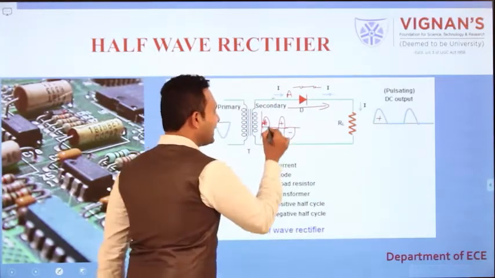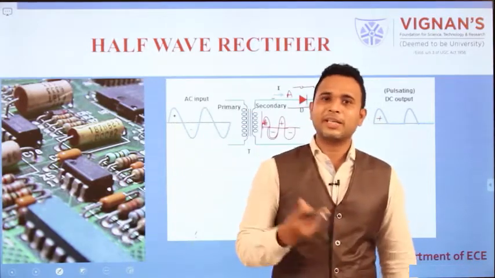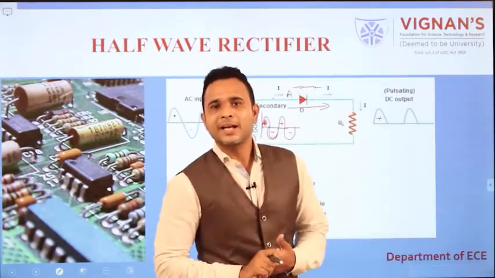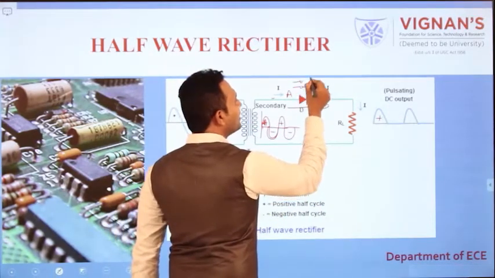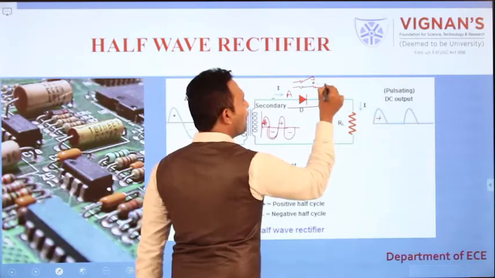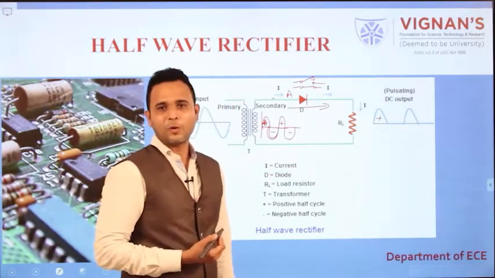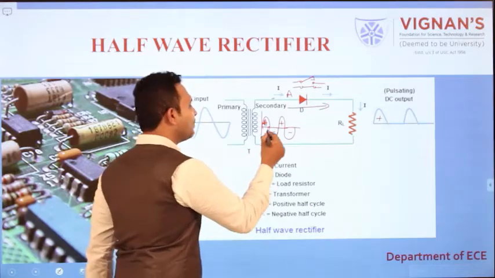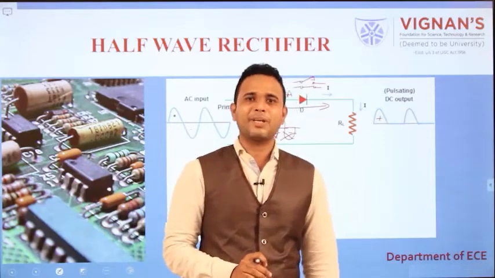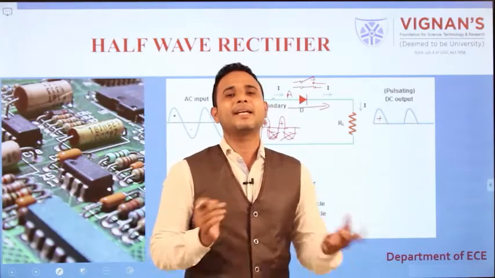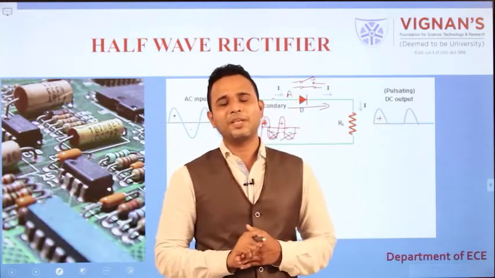At the time of the negative pulse, negative is connected to the anode terminal, which means the diode is in reverse bias. In reverse bias, the diode acts as an open switch. Open switch means current does not flow at the output side, so the negative pulse is suppressed. Every time only the positive pulse comes at the output end and the negative pulse is suppressed. This is the basic operation of the rectifier.